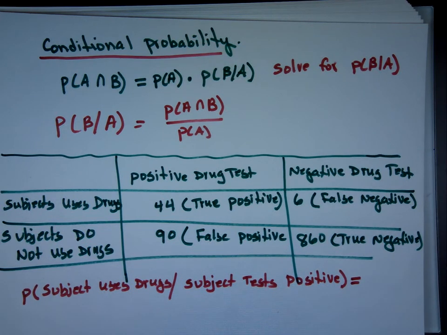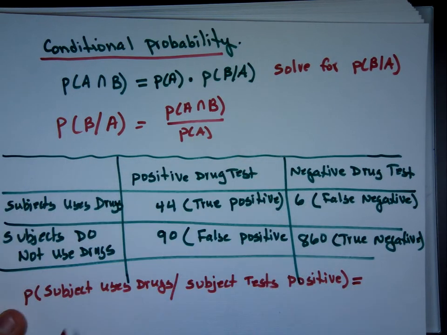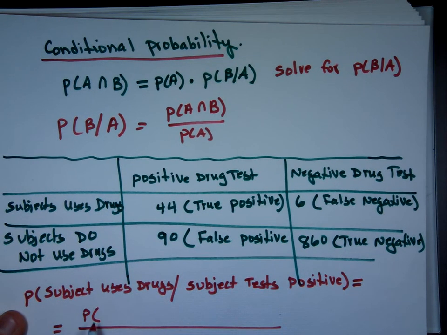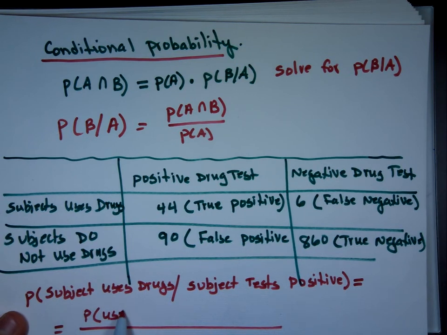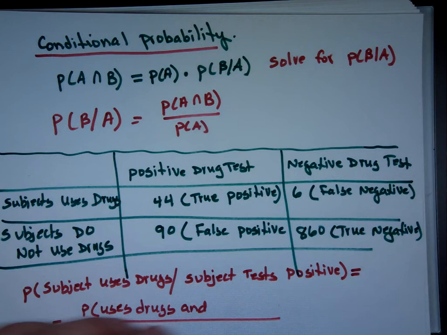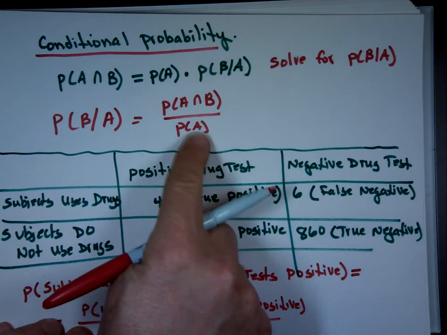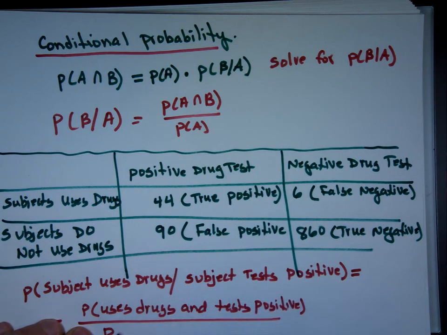If I try to use this equation here, it says it's going to equal the probability the person actually uses drugs and tests positive, over the probability of A, the second one, the subject actually tests positive.